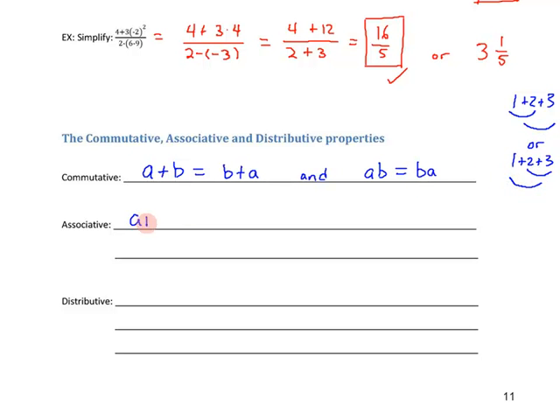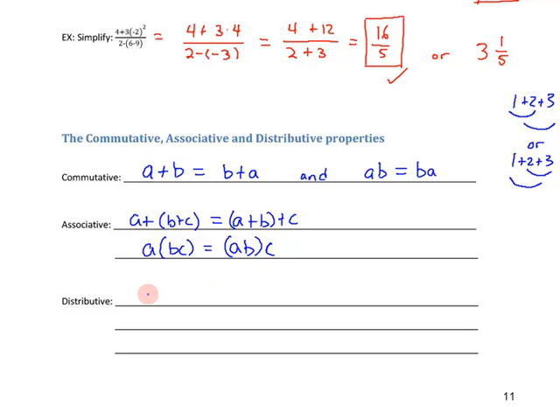That A plus B plus C is the same thing as A plus B added to C. Right? 1 plus 2 is 3, added to 3 is 6. Okay? 2 plus 3 is 5, 1 plus 5 is 6. It doesn't matter how you group them, you will get the same answer. And multiplication works the same way. It is associative, meaning you can associate different values together.